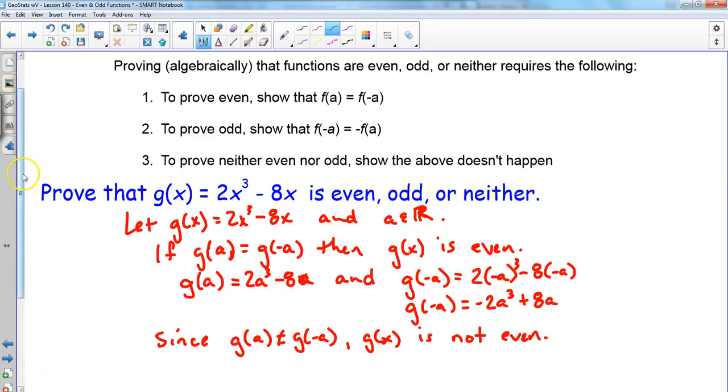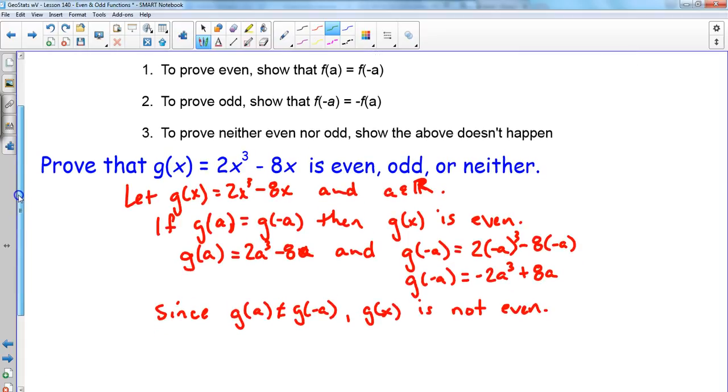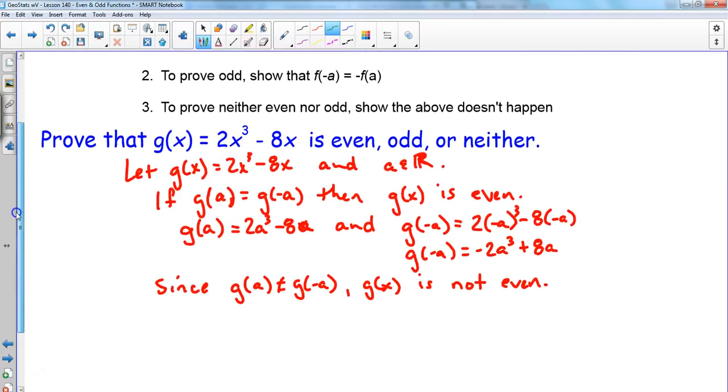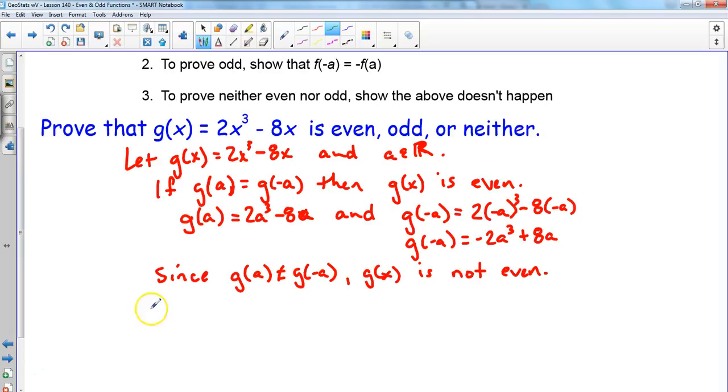Alright, so it's not even, so we move on to the next case here. We're going to look at the odd case to see if this thing is odd or not. So again, we want to make a statement about what we're doing. And what we're doing is, if g of negative a is equal to negative g of a, then we know this function g of x is odd.